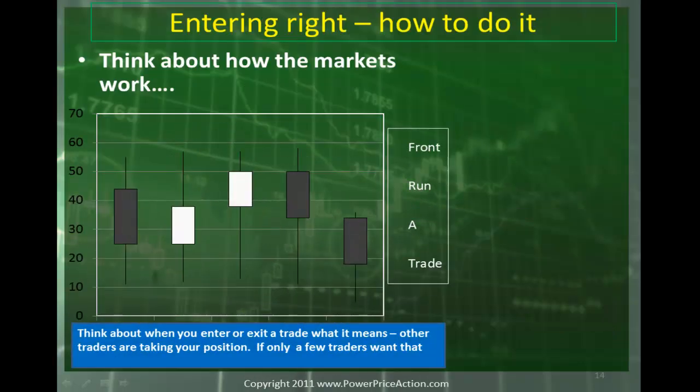Let's think about how the markets work for a second, all right? It doesn't really matter here, these numbers on the side. Could be a stock, could be a futures contract, could be currencies, Forex. But think about the actual price as it comes up, and you're long this market and you're trying to take some profit.